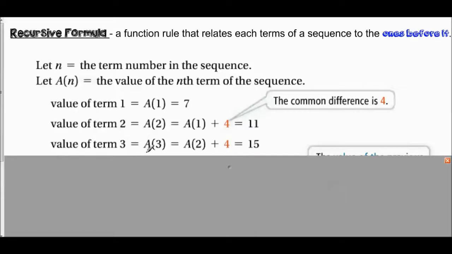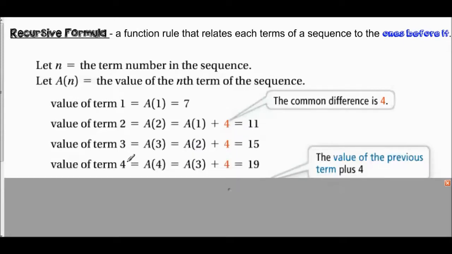So the third term is equal to the term before it, the second term, which was 11, plus 4, which is 15. The fourth term is determined by the one before it, so the term before the fourth term is the third term. I add 4 to that. 15 plus 4 equals 19. So we're adding 4 every time. That's why the common difference is 4.